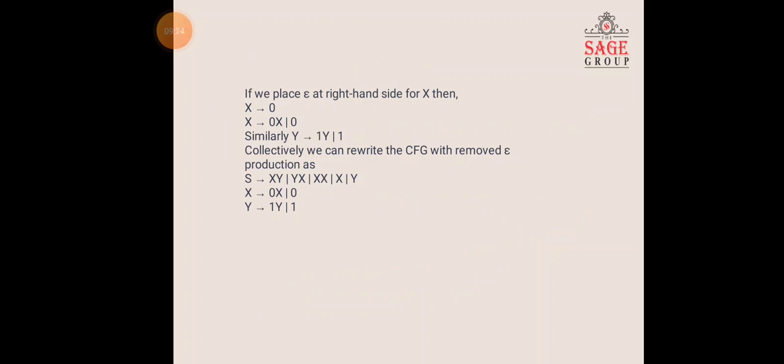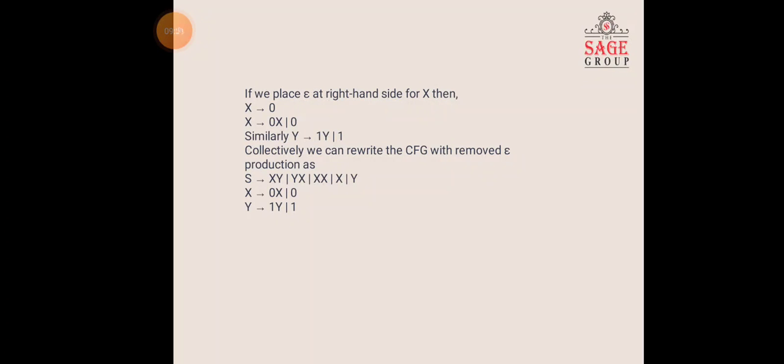Why? Because if I am substituting X as 0, I am getting 0X oblique 0, and if I am substituting Y as 1, then I am getting 1Y oblique 1. So this would be the solution which I am going to substitute in place of epsilon. So by eliminating epsilon, I am just substituting epsilon.